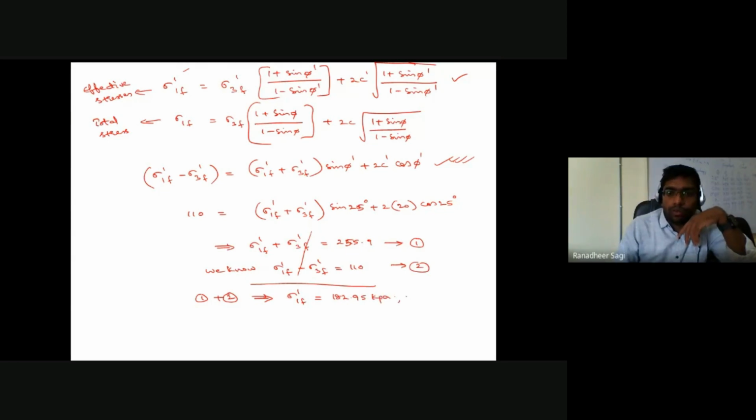And what becomes my sigma 3 dash at failure then? 72.95 kilopascal. Please do check whether we have any mistakes in what we have calculated.